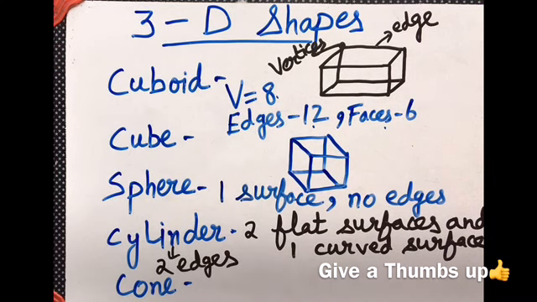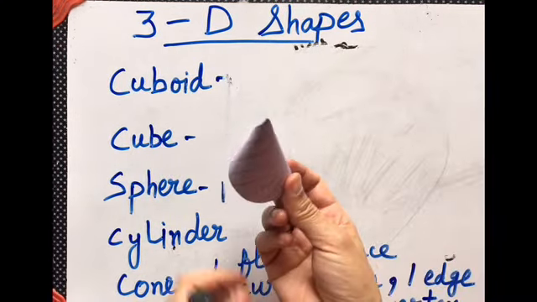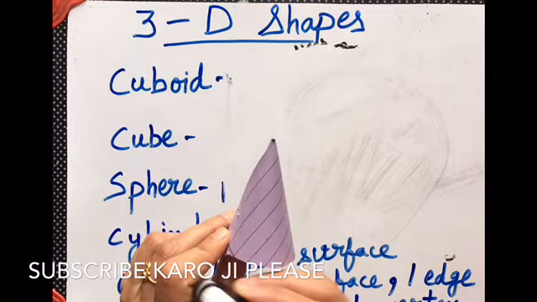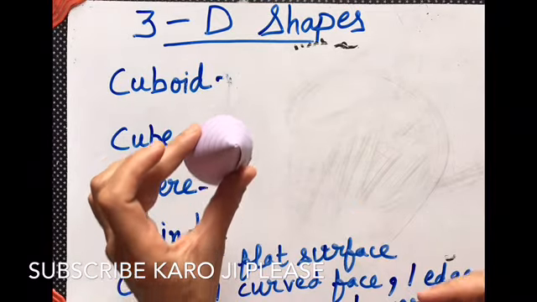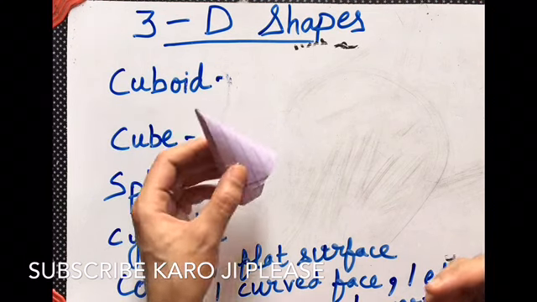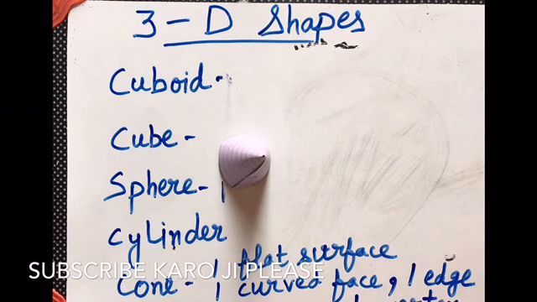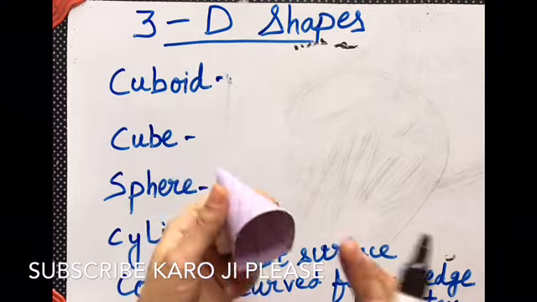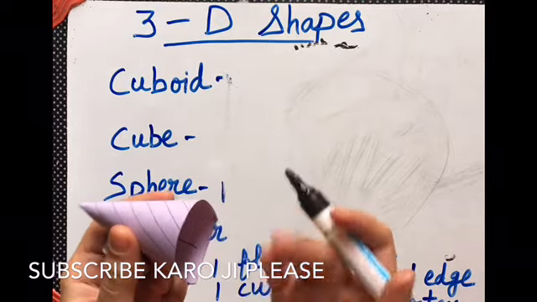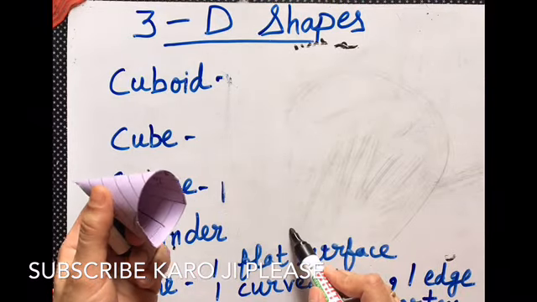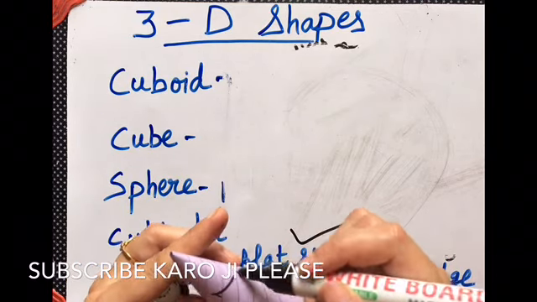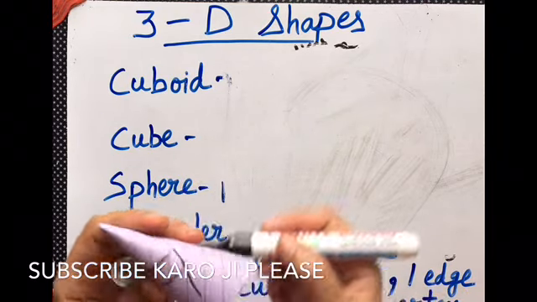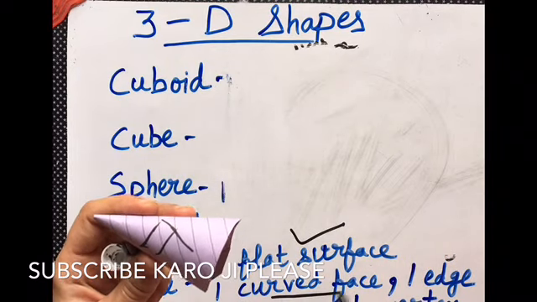Fine. Now the next thing, this is an example of a cone. You might have seen a birthday cap. This is the same as a cone. This is the cone that you can see. So it has one flat surface. You can see this is the bottom one, this circle. This is the one flat surface. This one is the curved surface.